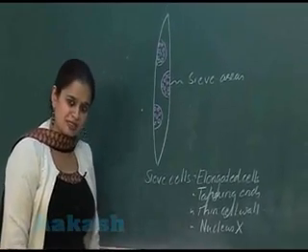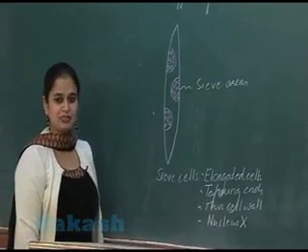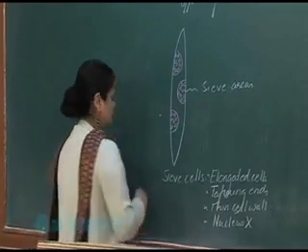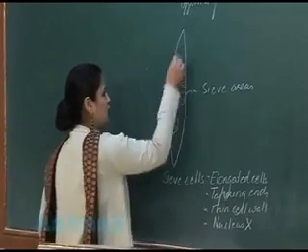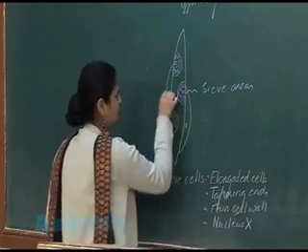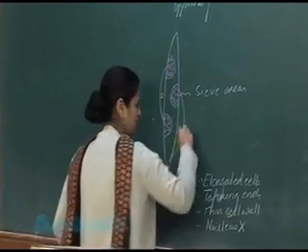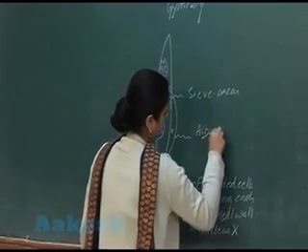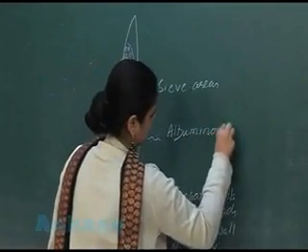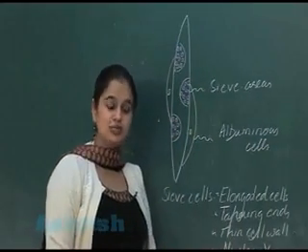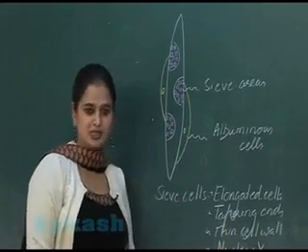So to help these cells, to control the activities of these cells, there is presence of adjoining cells. Some help cells are present, and these help cells are known as albuminous cells. Got it? They will control the activities of sieve cell.